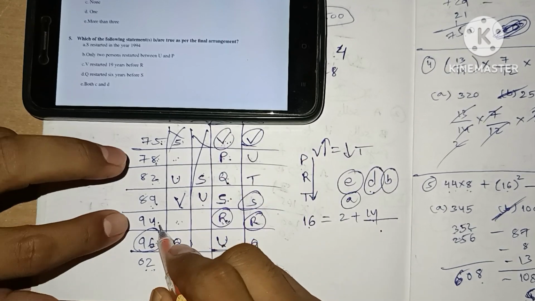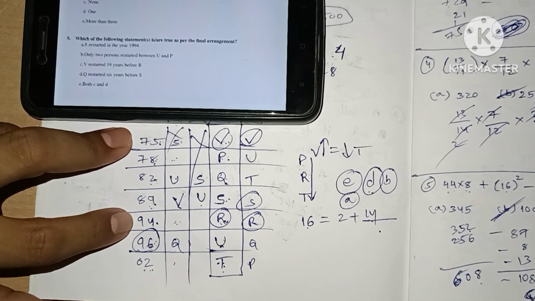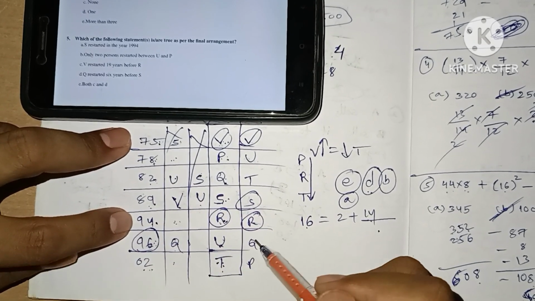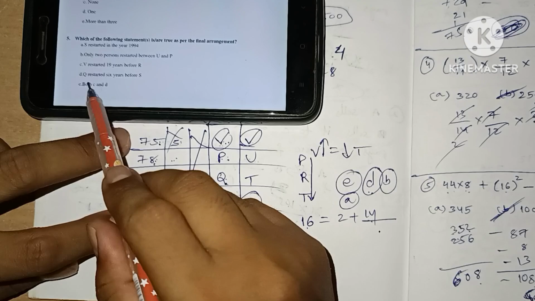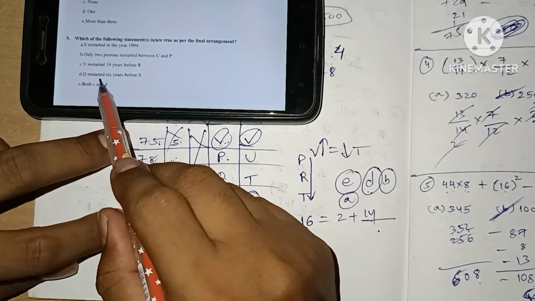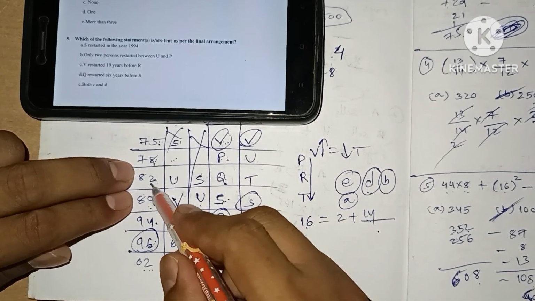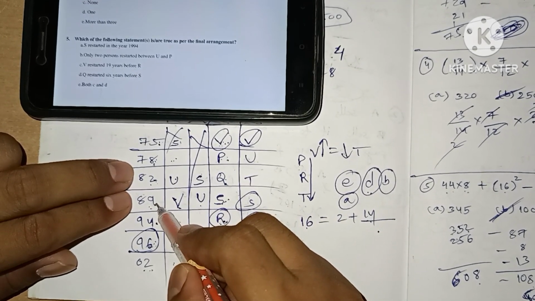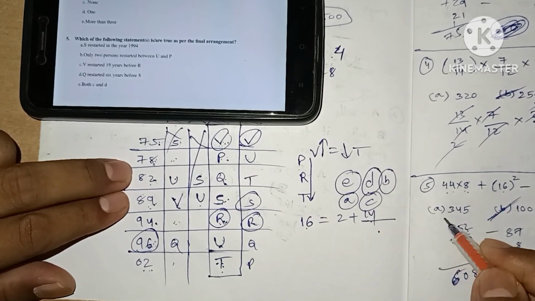The difference between these two is 19 years. So our answer must be this one. But here we see an option of both C and D, so we need to check the value of the answer of D also. Q restarted 6 years before S. The difference between these two is 7 years, not 6 years. So only C is our answer.